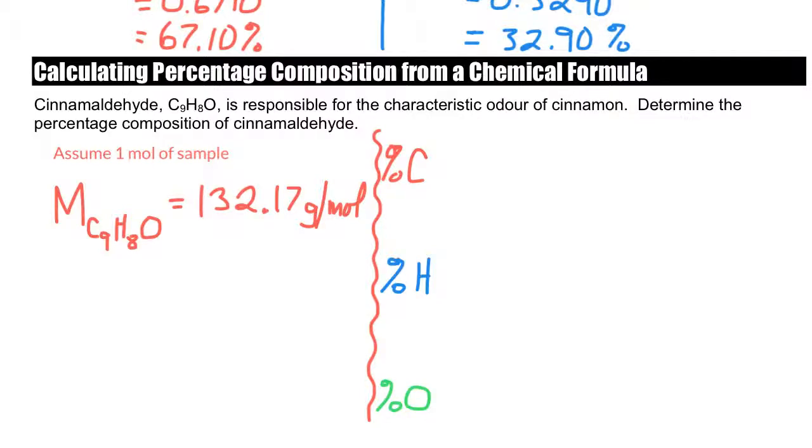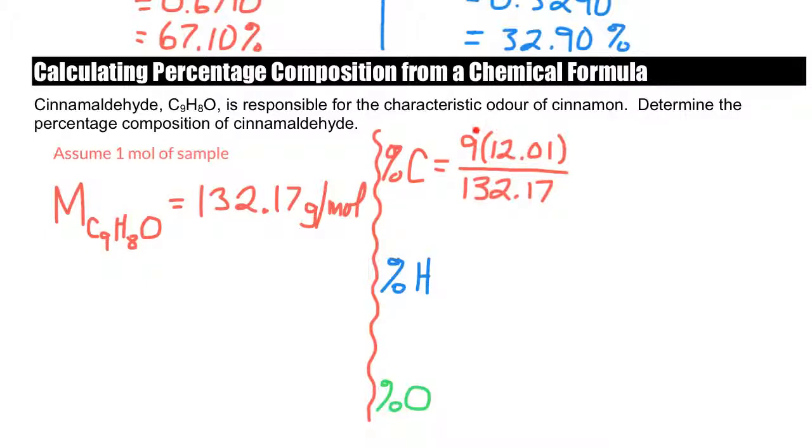But we can use this information to calculate the percentage of carbon, the percent hydrogen, and the percent oxygen in this compound. And the basic idea is the same as before. On the top of the fraction, we have the mass of carbon, and on the bottom, we have the mass of the whole sample. So just remember, in this compound, we have 9 carbon atoms.